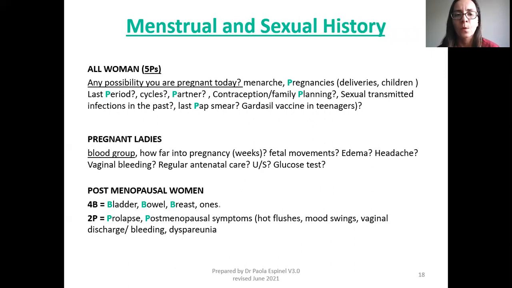For women, we have the 5 Ps. That is more about, yes, all women who have their menarche, and most importantly, are with an active sex life. So you want to check if there's any possibility that they are pregnant. That's always a question that we cannot forget.